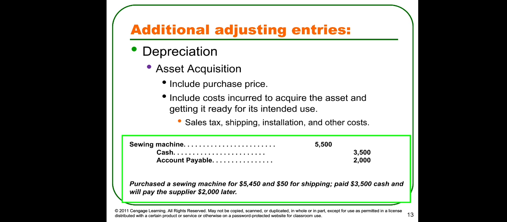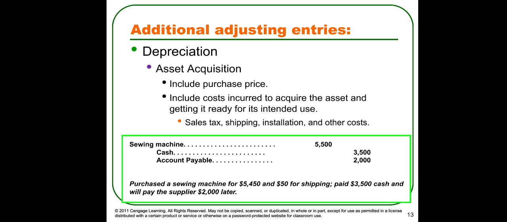And the business will pay the balance of 2,000 in the future. So in accounting, always remember, when a business has to pay something in the future, it is a liability. And in this scenario, the name of the liability account is accounts payable. Always remember, if a business has to pay something in the future to another company or another business, then you record it in accounts payable.